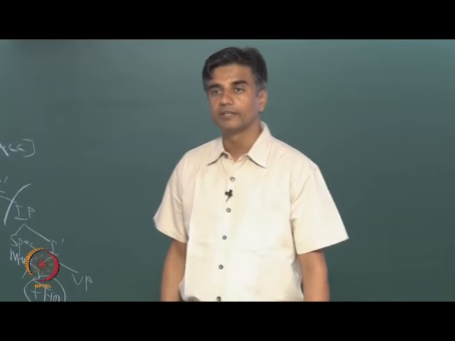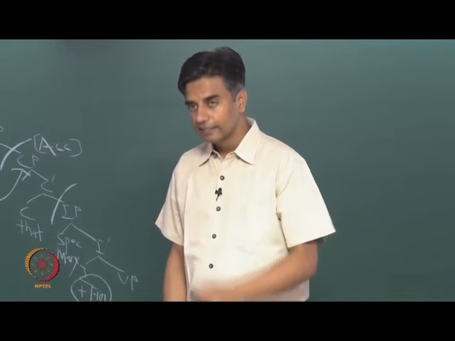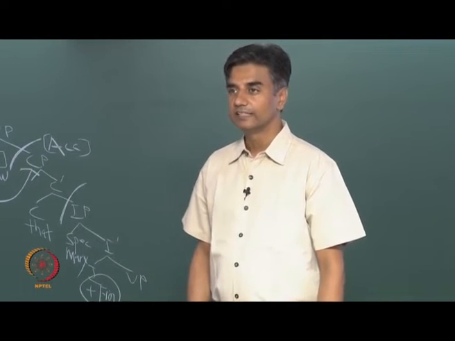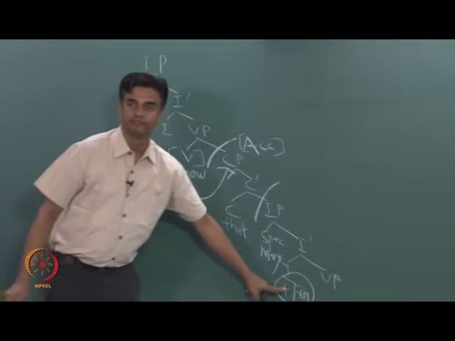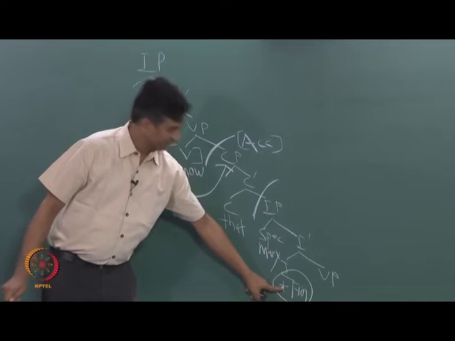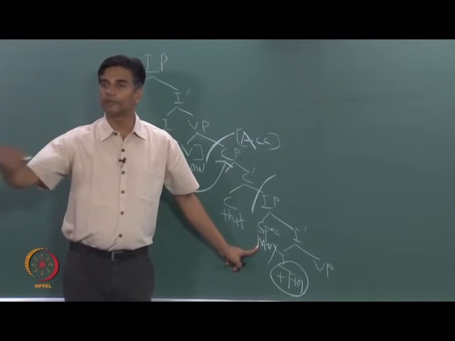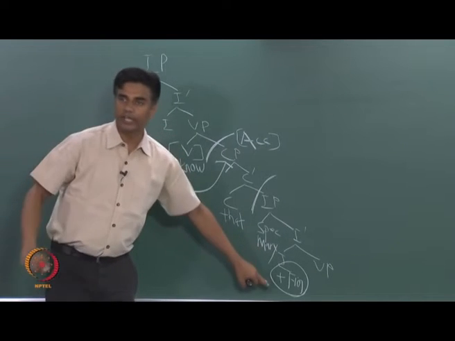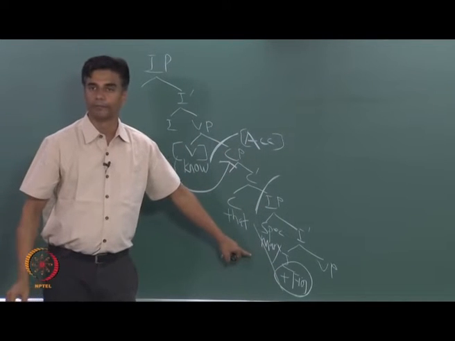And our problem is, how does it get an accusative case, particularly when the I is non-finite? See, in the earlier case, I is a finite I, right? Therefore, it assigns nominative case under whatever modifications and patches that we have discussed. So, this configuration is okay. No problem.